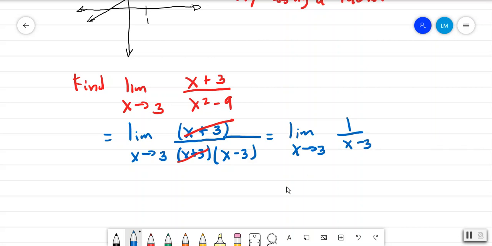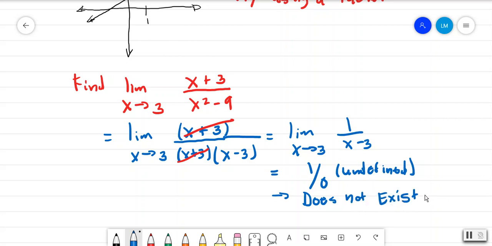If you take x close enough to 3, you're going to find that this is 1 divided by 0, which is undefined. You come up with the same conclusion if you had plugged 3 into the original expression. So the limit does not exist.